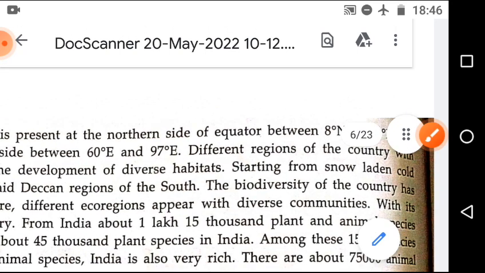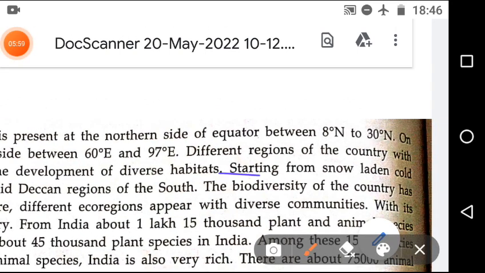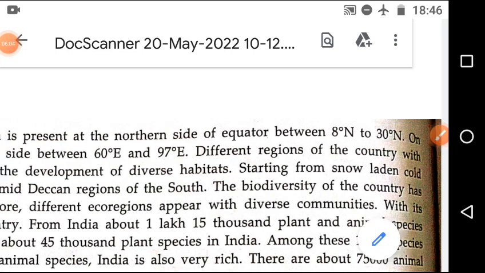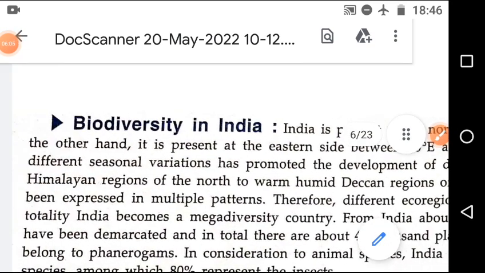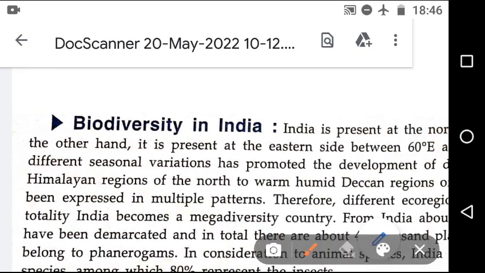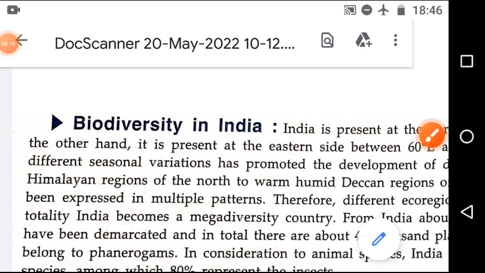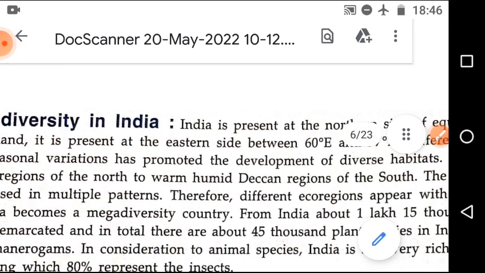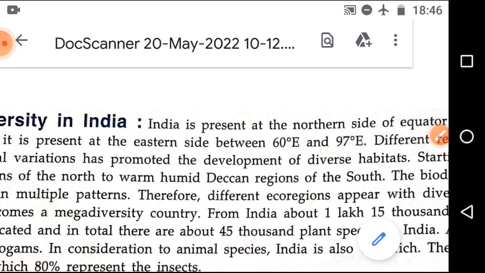Then it is saying, starting from the snow-laden Himalayan region of the north to the warm humid Deccan region of the south.